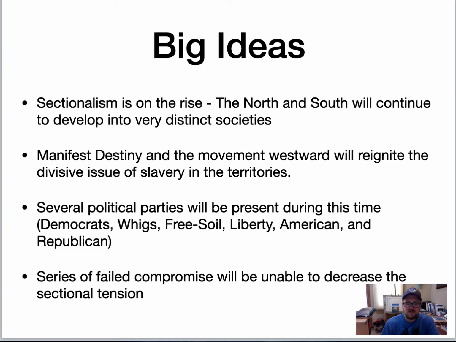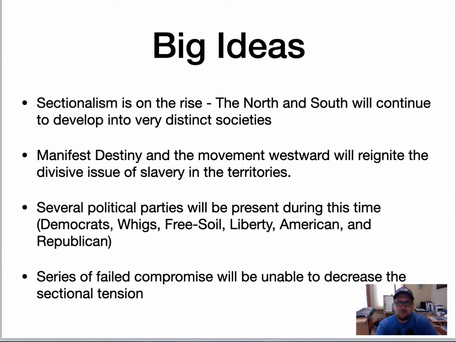We have the Republic of Texas becoming annexed into America, and we also have the Oregon Territory, with a treaty being brokered between America and England to give us those huge areas of land that now will come under the issues of slavery. Will we allow slavery in this new territory in the west of America?